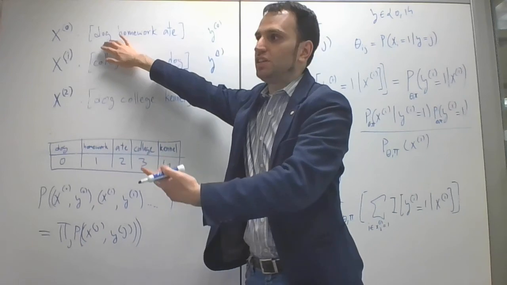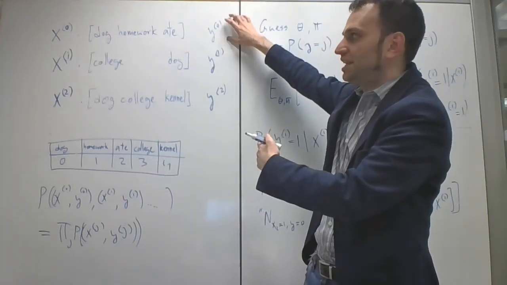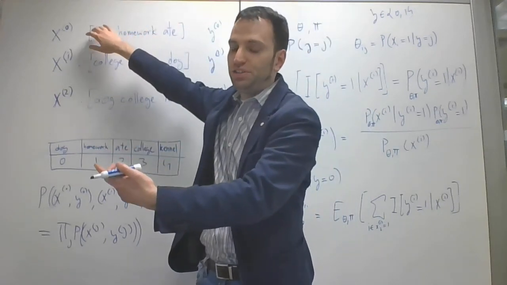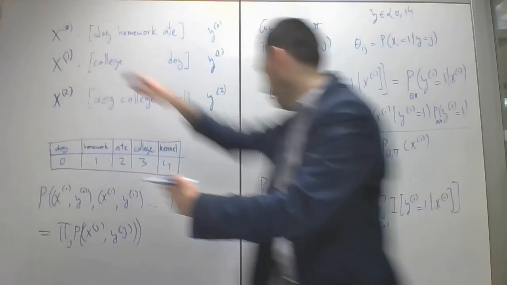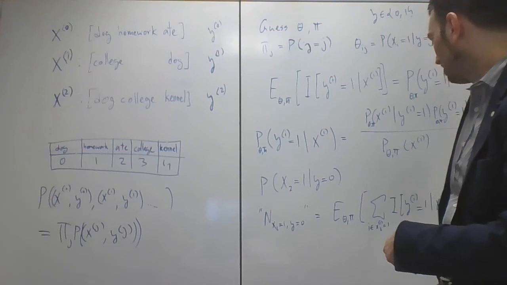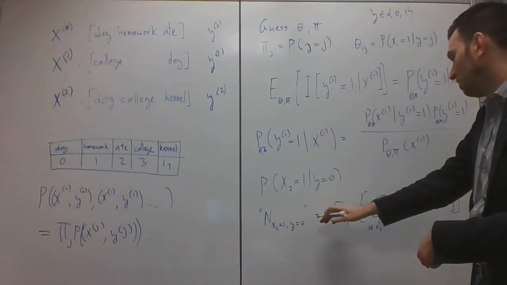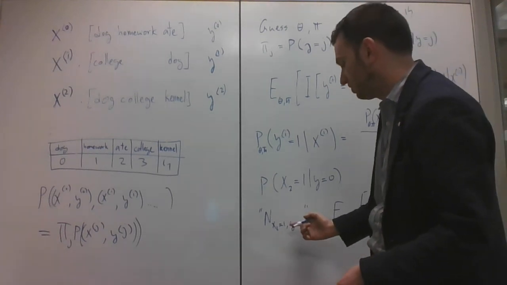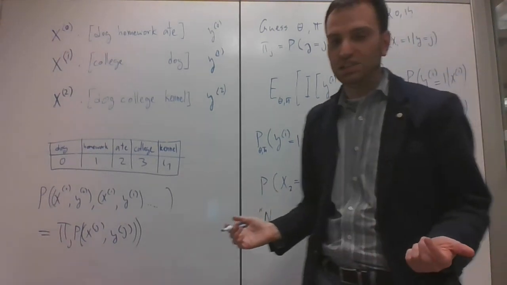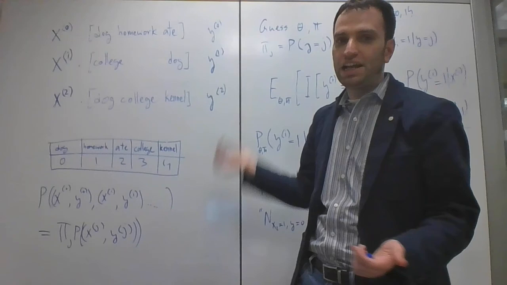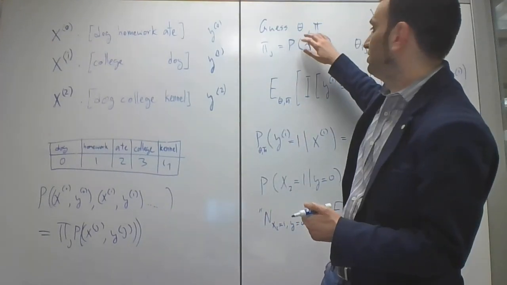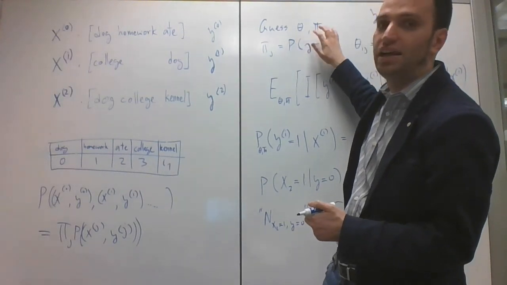It's also going to count for 0.2 examples of y being equal to 0 and dog not appearing in the email. Similarly, we can compute the number of times that y is equal to 0 in total. And there you are. You have the counts. Once you have the counts, you can estimate both the theta and the pi.